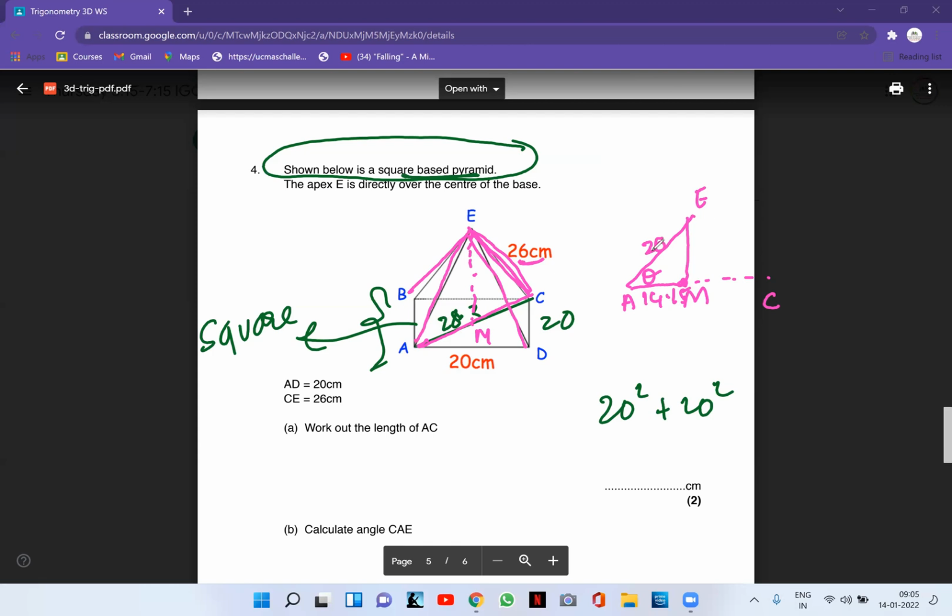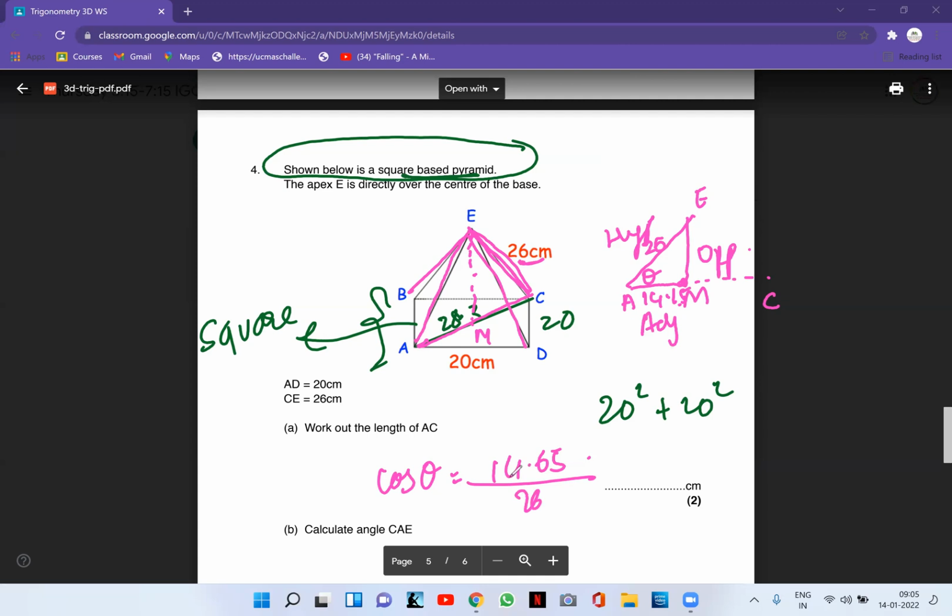Now opposite to theta, this is opposite, because I have to find CAE. I have taken my A as theta. This is adjacent and this is hypotenuse. So I have got adjacent and I have got hypotenuse. So adjacent and hypotenuse is whose formula? It is cos formula, right? So cos theta is equal to adjacent over hypotenuse.